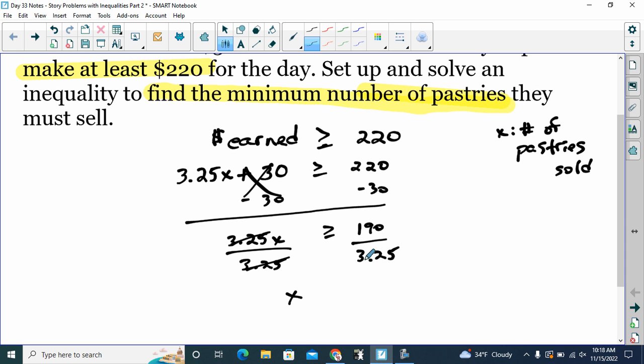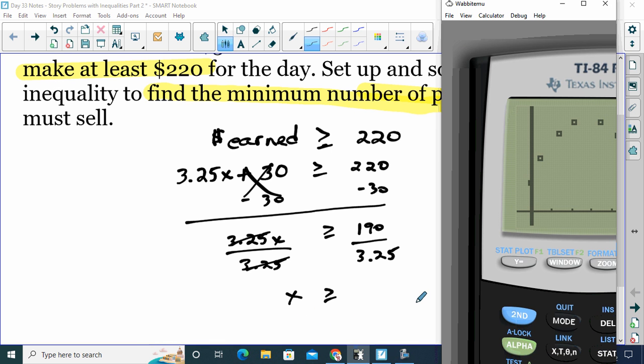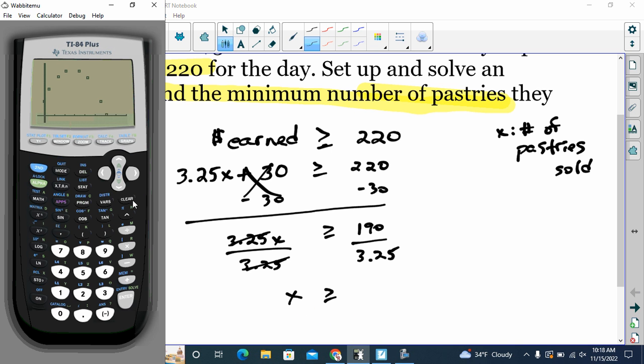We divided by a positive number, so we don't flip our inequality around. This would for sure be a calculator problem. We have 190 divided by 3.25. I get 58.462.